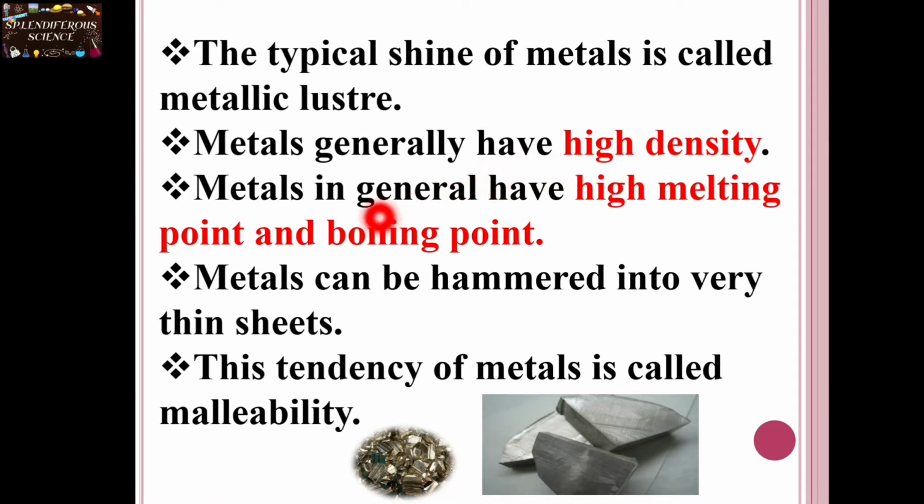Also, in general, metals have high melting point and boiling point. So what is melting point? Melting point is the exact temperature at which a substance changes from solid to liquid.